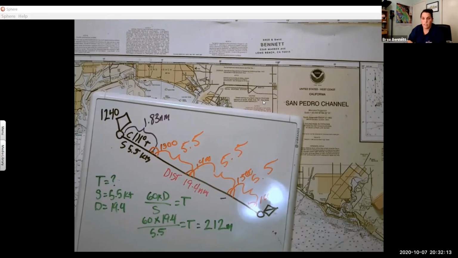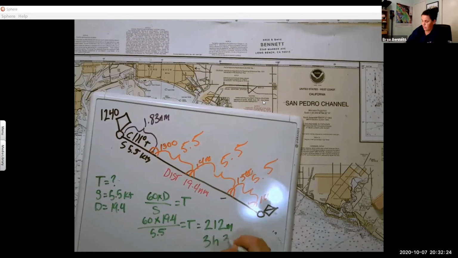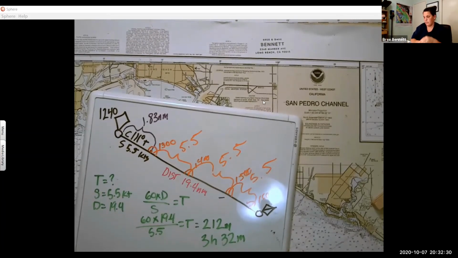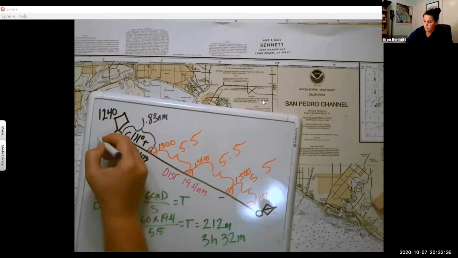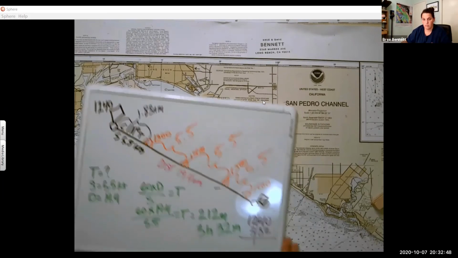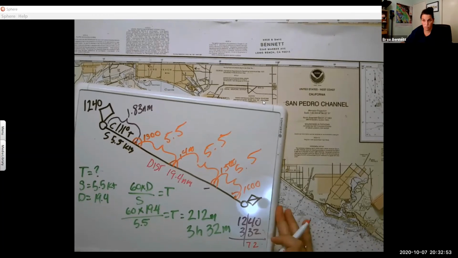So what does that equal in hours and minutes? 3 hours, 32 minutes. So if we departed at, let's say, 12:40 and we had 3 hours, 32 minutes, we get 72. 72 doesn't work, right?